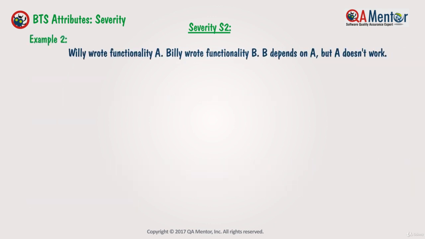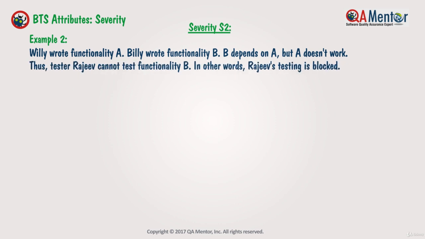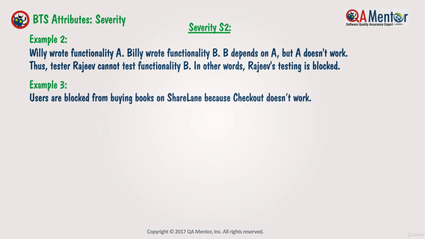Example 2. Willie wrote functionality A, Billy wrote functionality B. B depends on A, but A doesn't work. Thus, tester Rajiv cannot test functionality B. In other words, Rajiv's testing is blocked. Example 3. Users are blocked from buying books on ShareLane because checkout doesn't work.